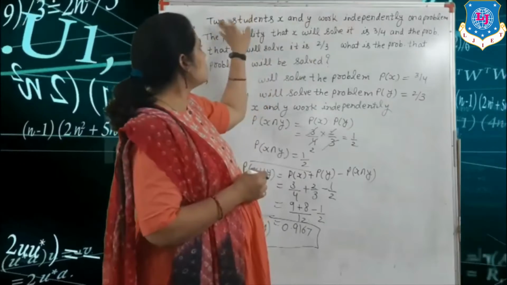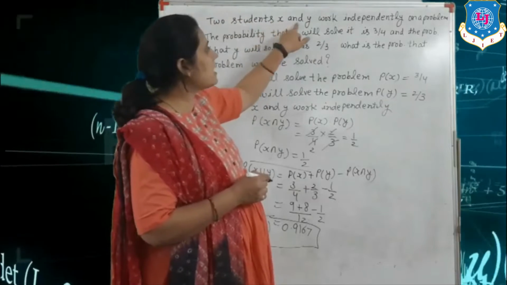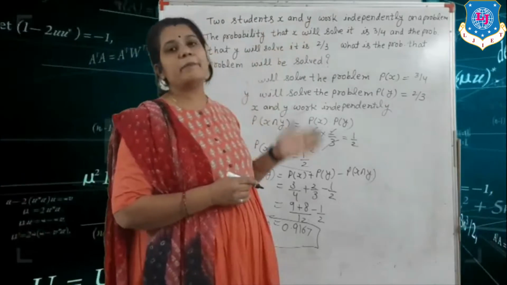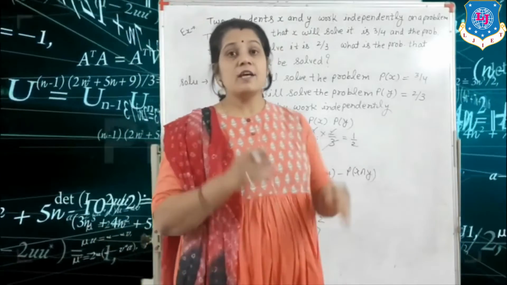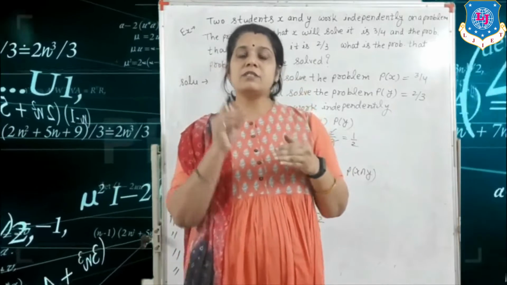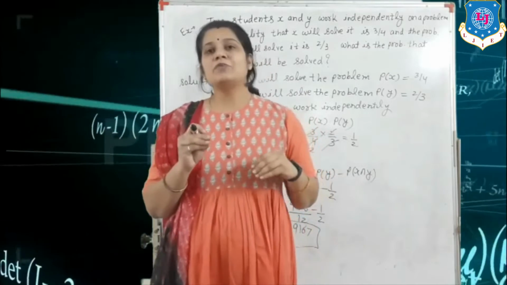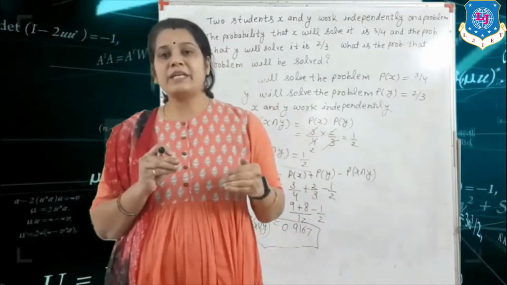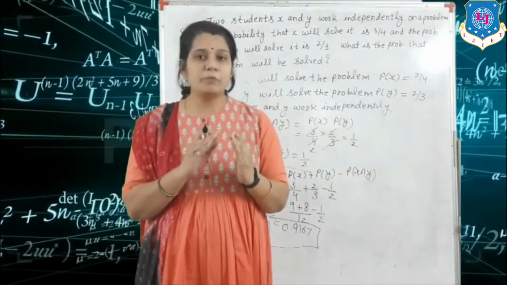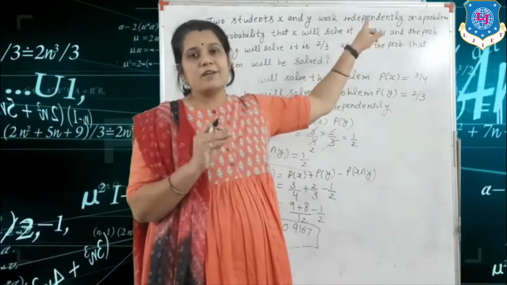Here the clue is: two students X and Y work independently. That means we use the probability of X intersection Y is equal to P(X) into P(Y). This is a very important point according to this question.